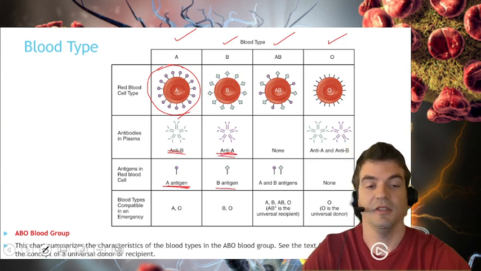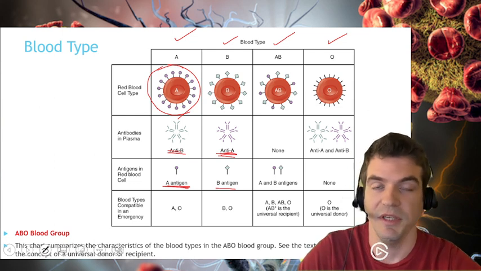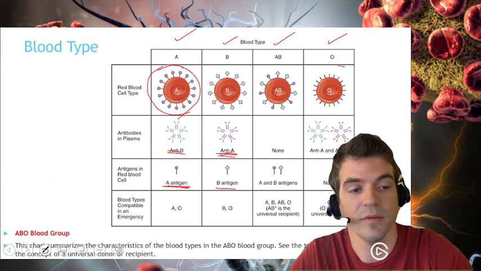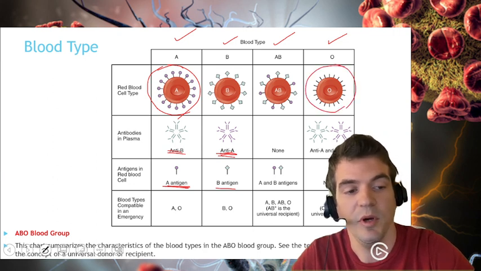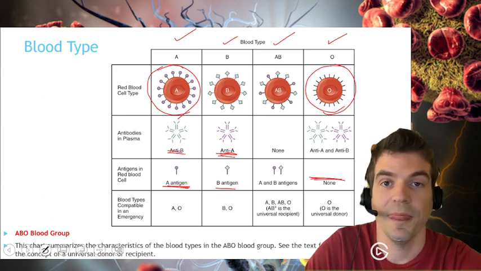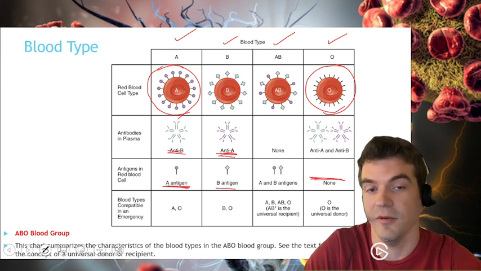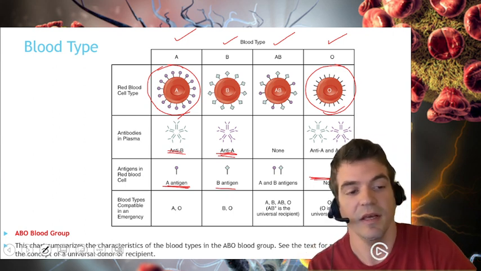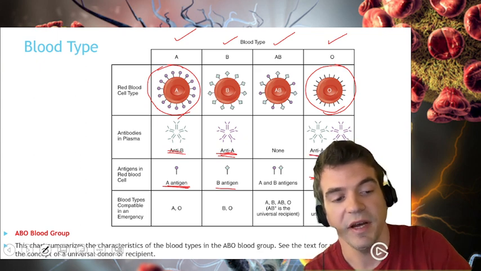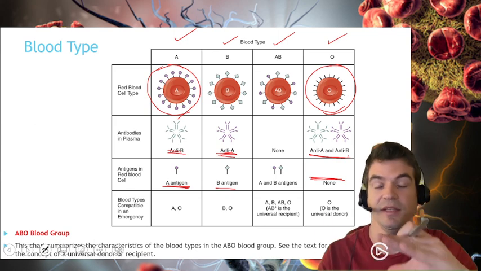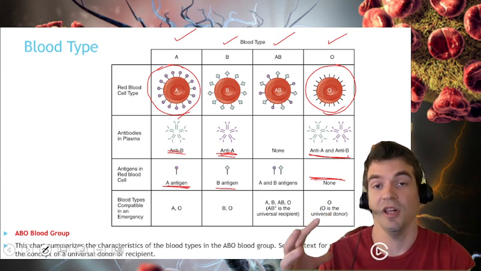And so, if you have the B antigen, you would have the anti-A. If you're type B, you can't receive type A. You can only receive type B or type O, which doesn't have any antigens. That is how these reactions and blood types work. If you are type O, you can't receive from either A or B because it will bind, agglutinate, and cause these clumps in your blood.